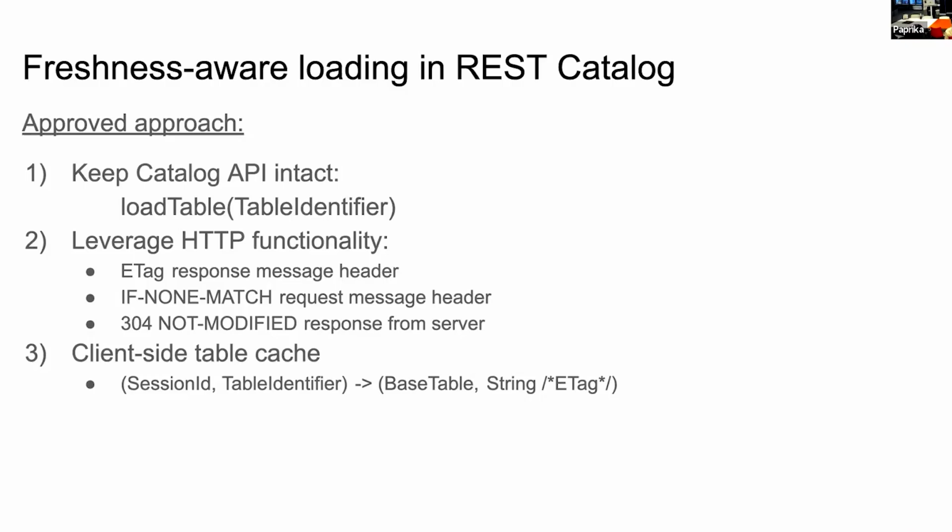So you are fine with that. There is one more thing that we had to do on the client side, which is to have some kind of a table cache. Because let's imagine that you receive a 304 telling that the table you have is fine. You need to have some kind of a cache to pull the table from the cache and give it to your caller as a return value.